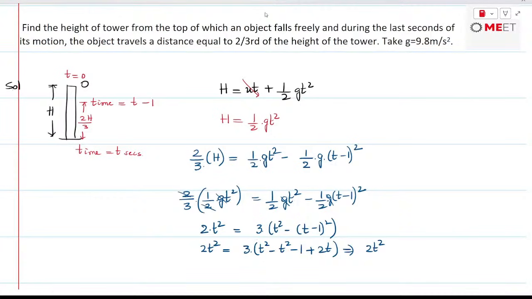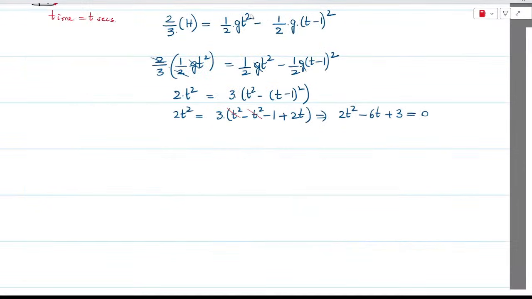t square and t square get cancelled within the bracket, and this is 3 ones and this is 3 twos. So this would be 2t square plus 6t minus 3 equal to 0. We need to solve for the roots, that is t is equal to minus of minus 6 plus or minus the square root of b square, that is 6 square is 36, minus 4 into a, which is 2, into c, which is 3, divided by 2 times a, that is 2.